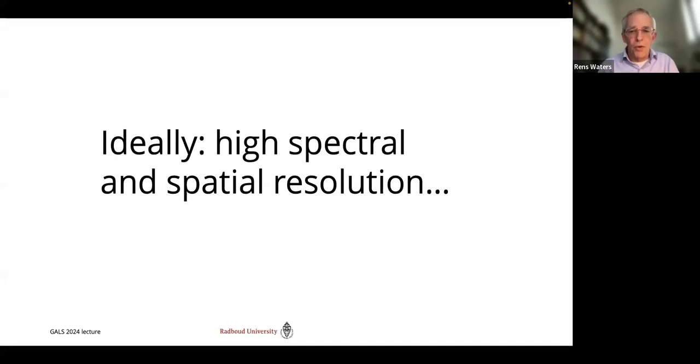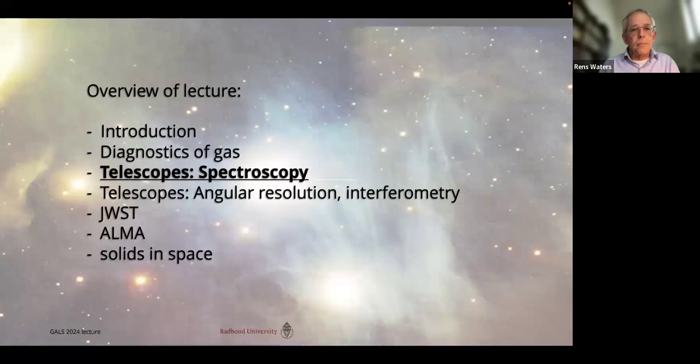But of course, such telescopes only exist on the drawing board, and we need to use different telescopes with different approaches to either go for high spectral resolution or go for high spatial resolution, and so pick the instruments and the telescopes to answer your scientific questions.